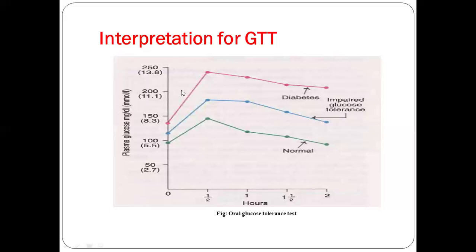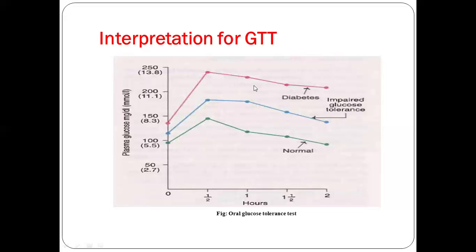It is more than 180, almost 200, around 240. And 1 hour sample, slightly decreased, around 230. 1.5 hour, it is around 220. And 2 hours, it is around 210. That means it is more than 180 or 200.